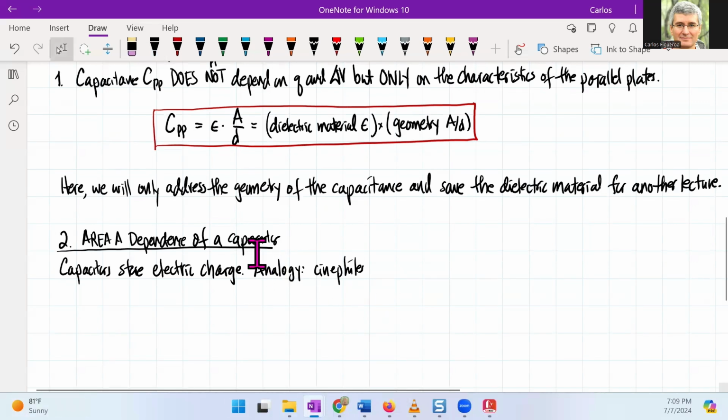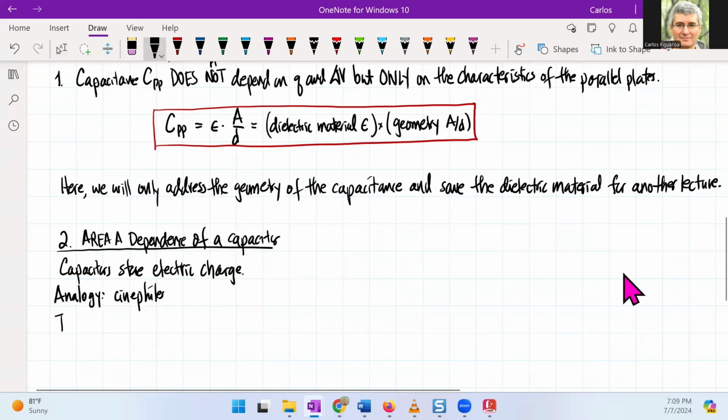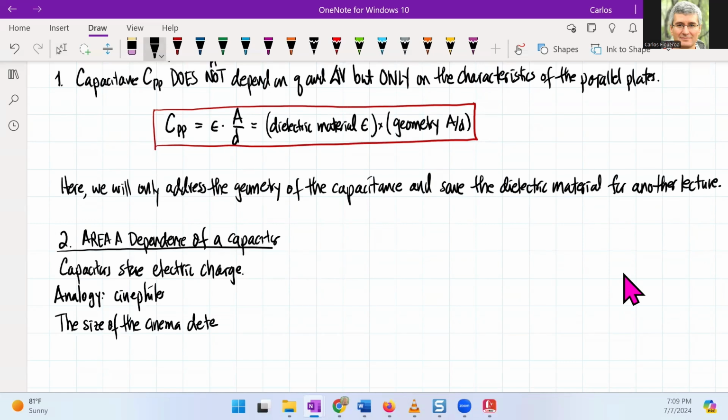Maybe I should move this down just to be a little bit more organized. So the size of the cinema determines the capacity to seat these cinephiles.